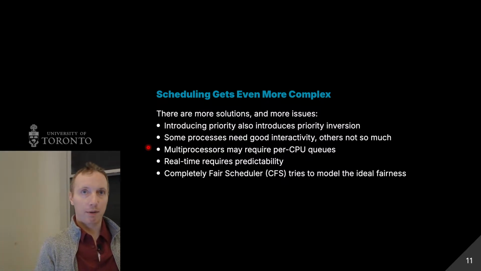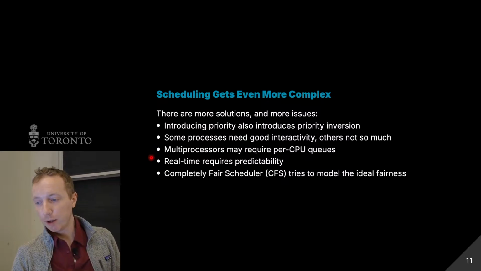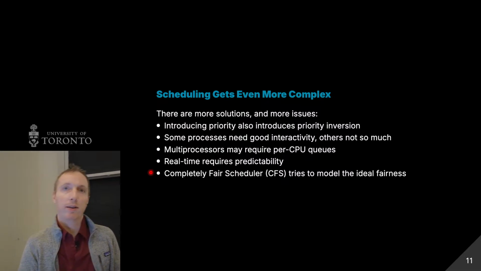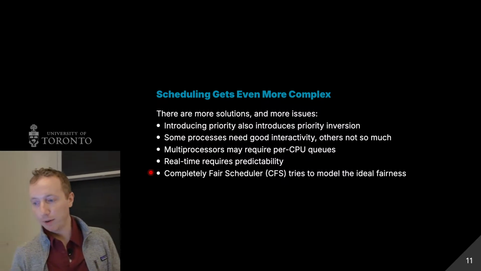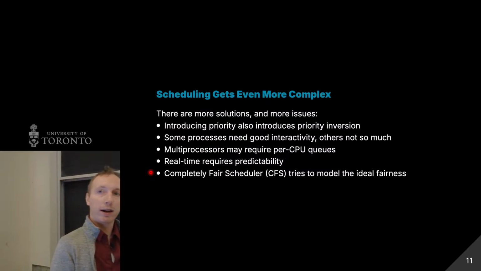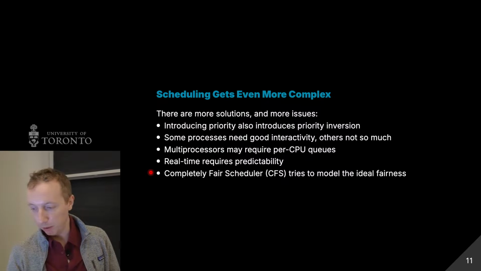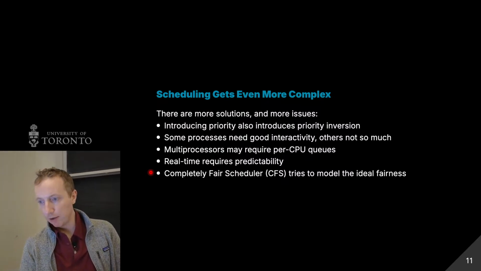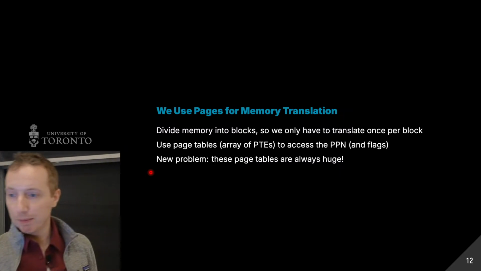We need to have some type of deadline we meet, either in practice or we guarantee it through counting cycles. And then we got into the scheduling algorithm the kernel actually uses, called the completely fair scheduler, that tries to model that ideal fairness of giving each process its equal share of the CPU. Might be a short answer on this, I don't remember. But we didn't do any long questions about it.